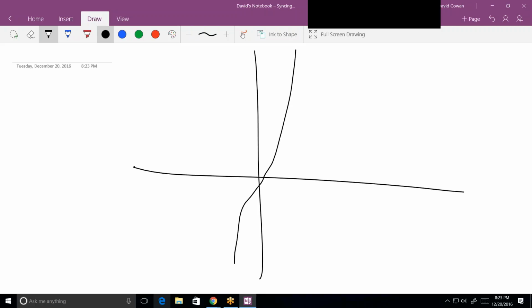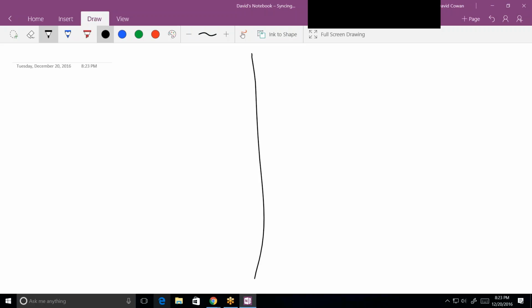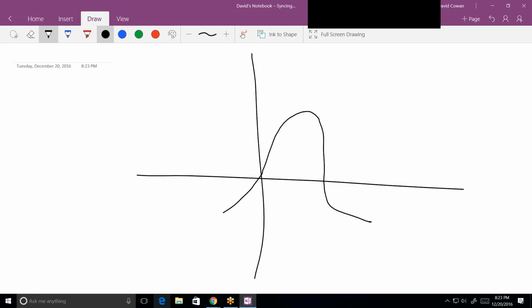Good. Secant. Sine. Sine starts at 0 and goes up.